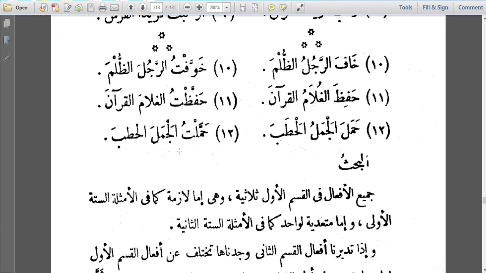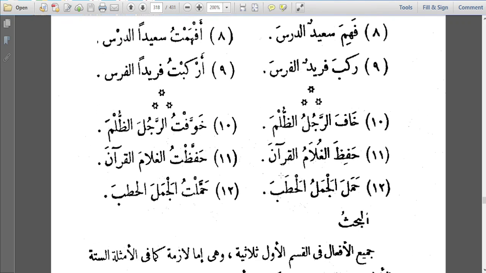When you say حملت الجمل, now you have made it to carry. And then we have حملت الجمل الحطب. I've made the camel carry the firewood.